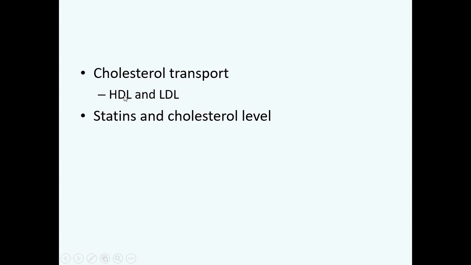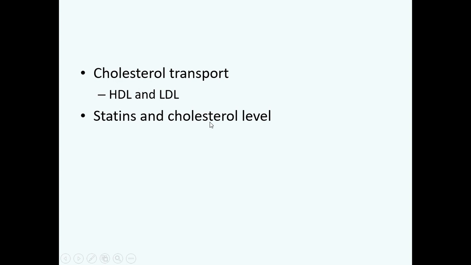HDL cholesterol is sometimes called the good cholesterol because HDL, the high density lipoproteins, transport cholesterol from other parts of the body to the liver, that is, from extrahepatic tissue to the hepatic tissue. In the liver, cholesterol is metabolized and is converted into other substances, including the bile salts.